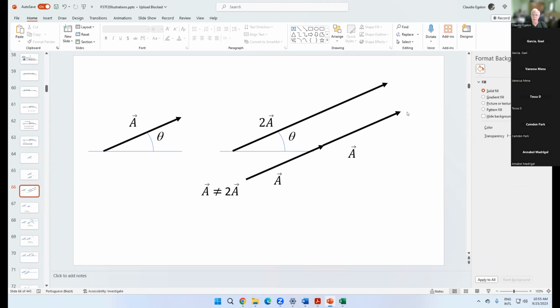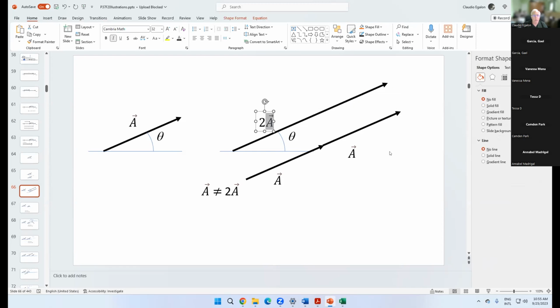Beginning of one of the vectors, end of the other one. Make it look nicer here.